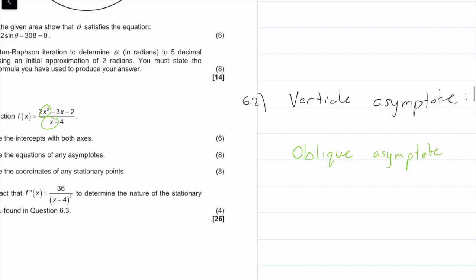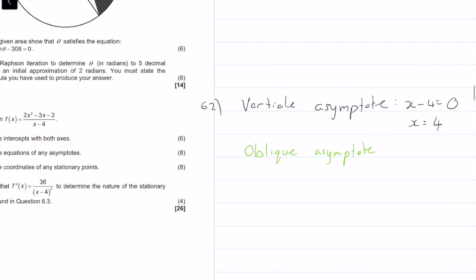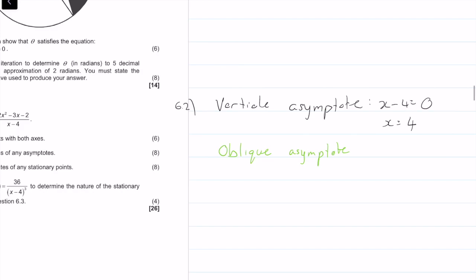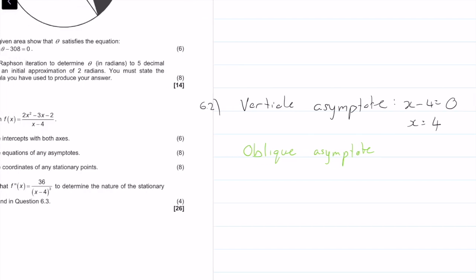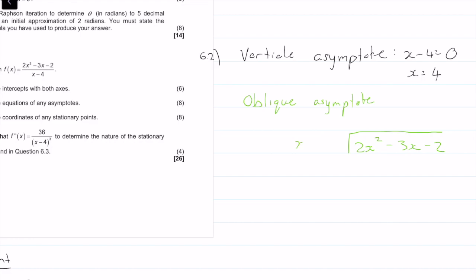The easiest way I find is to just do long division, but otherwise you can do this by inspection as well. For this particular question, I am going to do it by long division. So we have 2x squared minus 3x minus 2, and then we're going to divide it by the denominator, which is x minus 4.